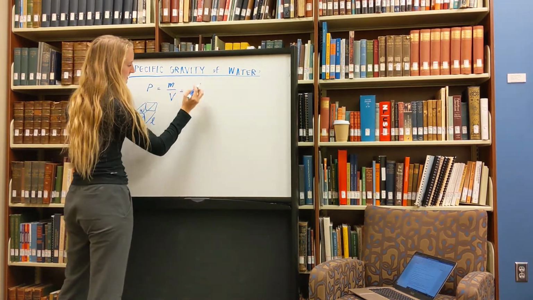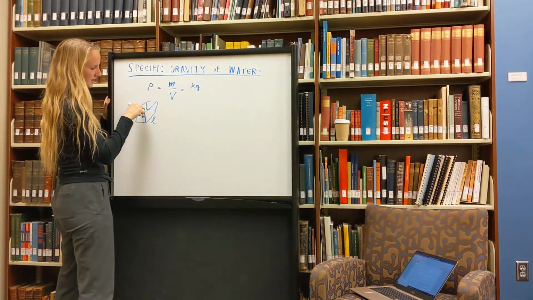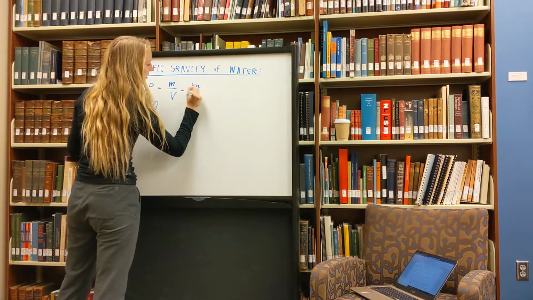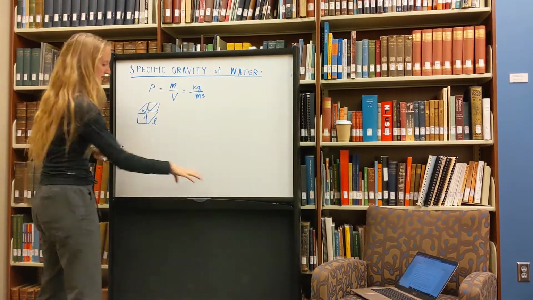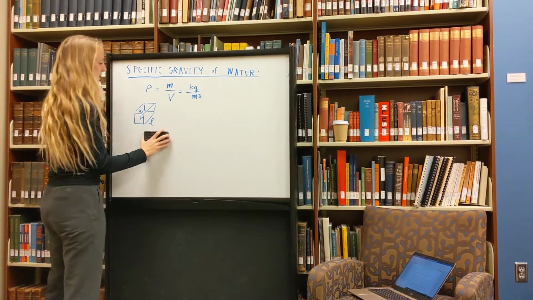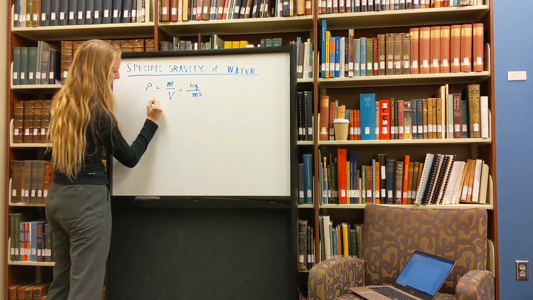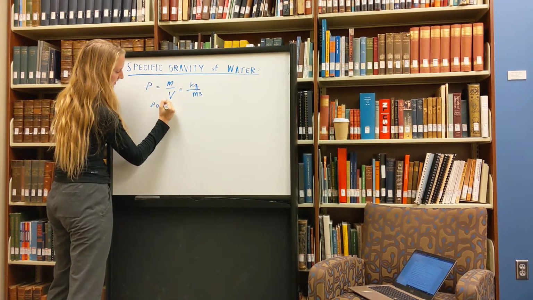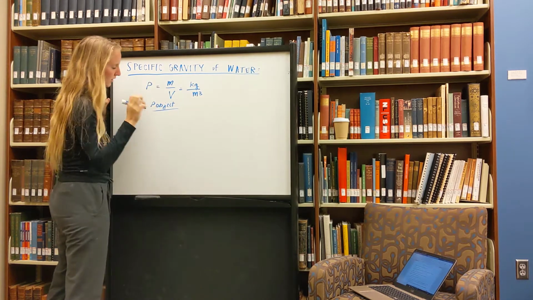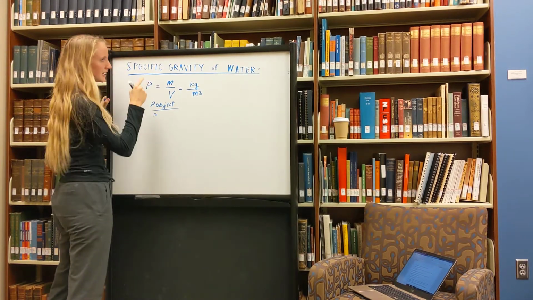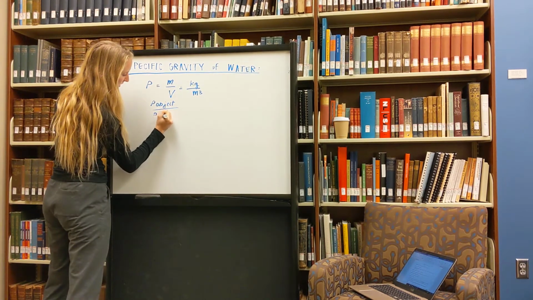So if we have a mass in kilograms and each of these values is 1 meter, then the volume will be meters cubed. Now, how does this relate to specific gravity? Specific gravity is the density rho of an object over the density rho of another object. And in this case, we're doing water, so it's going to be the density of water.